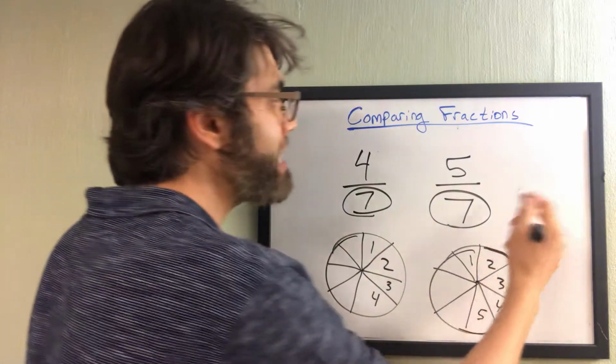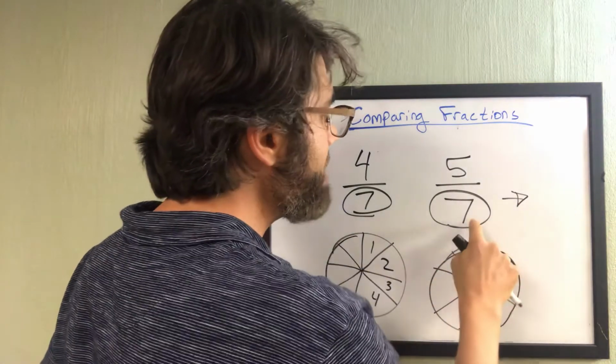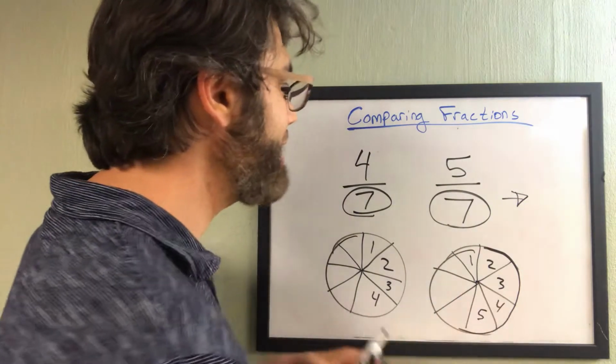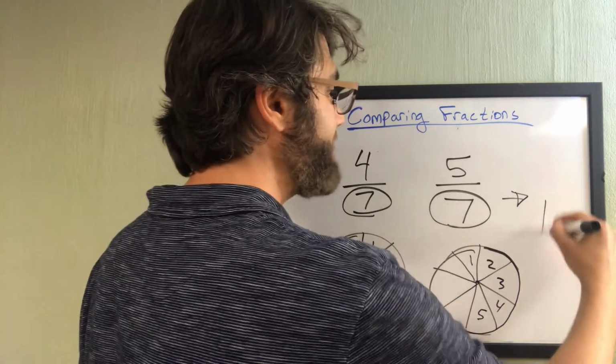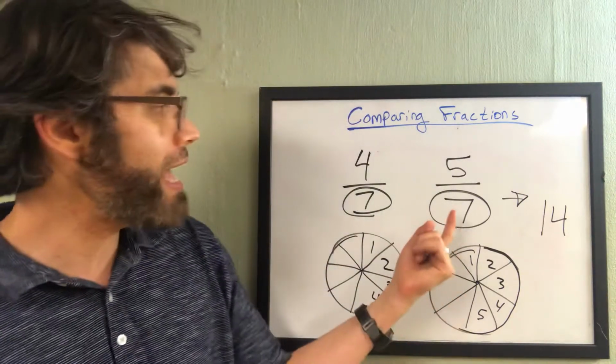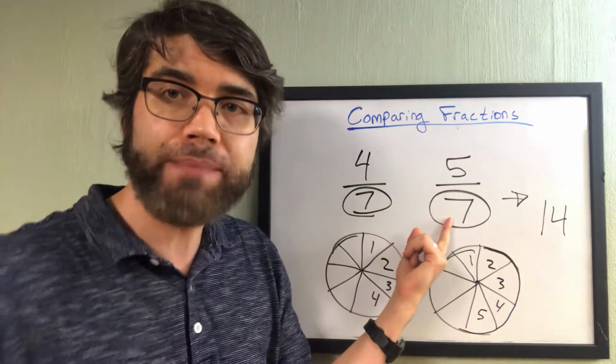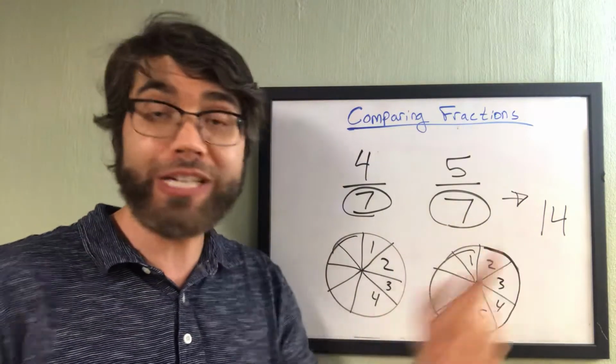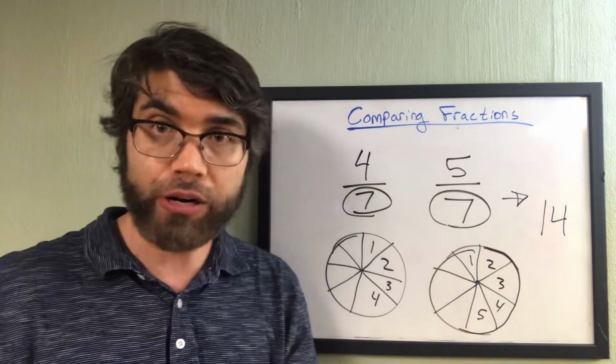Because let's say that instead of 7, we had 14 slices. So let's say we had 7 people at a party, and then we invited 7 more. We doubled the amount of people at the party, okay?